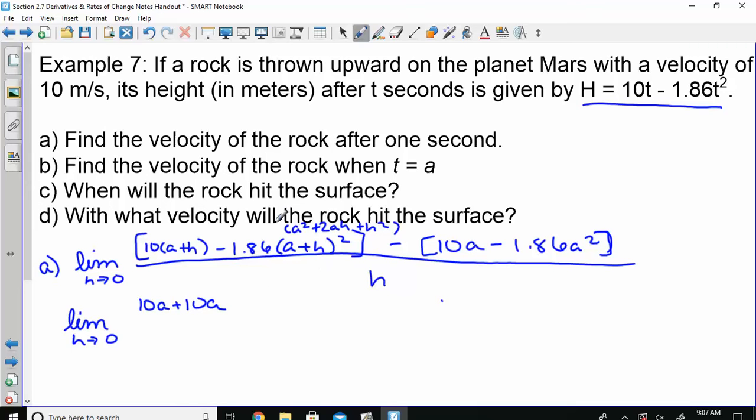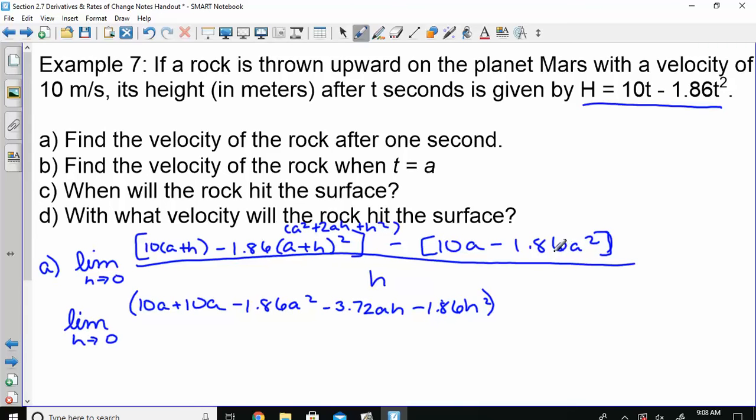Are you okay if I just write this above and save myself a line? Now if I distribute a negative 1.86 through this, I get negative 1.86a squared minus 3.72ah minus 1.86h squared.